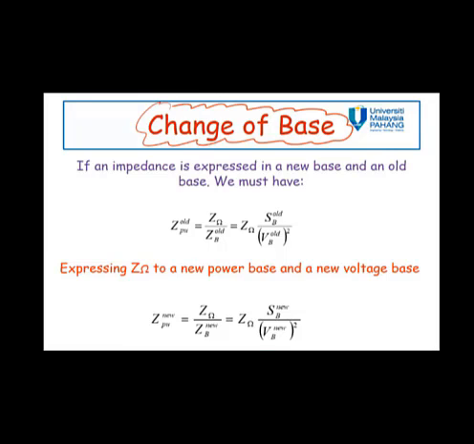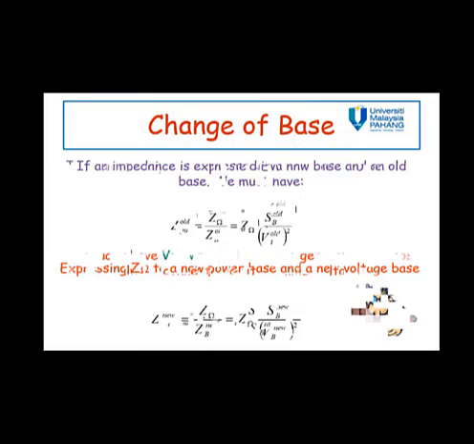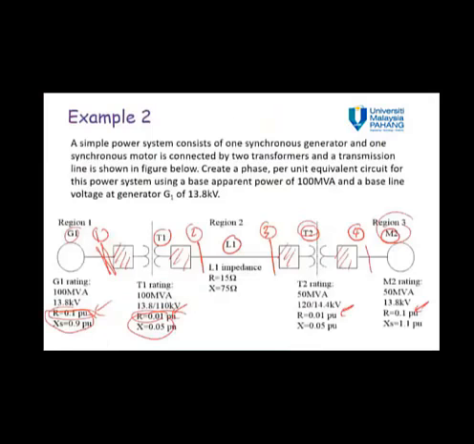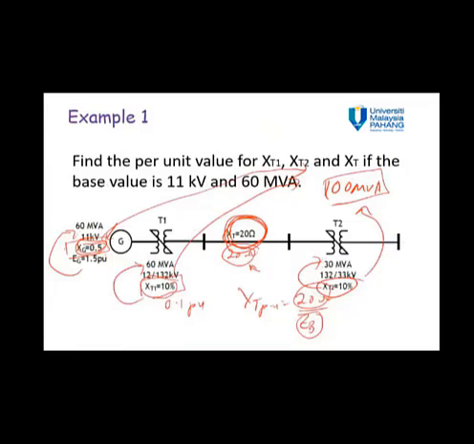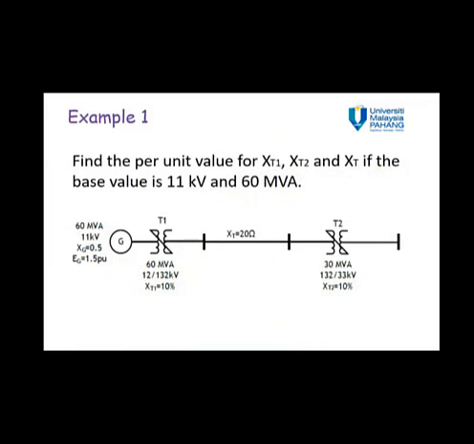Now, as I mentioned earlier, if we have this circuit with the parameters already in per units, this generator has Xg of 0.5 per unit. This parameter is already in per unit. So can we use this per unit to analyze our impedance diagram circuits?